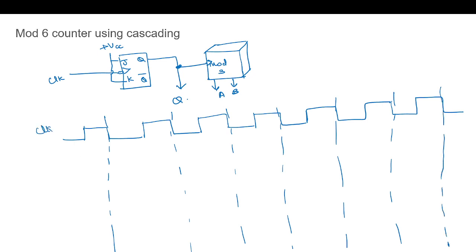This is the clock. Next Q, it is a 2-bit counter, so it will toggle at every negative edge.